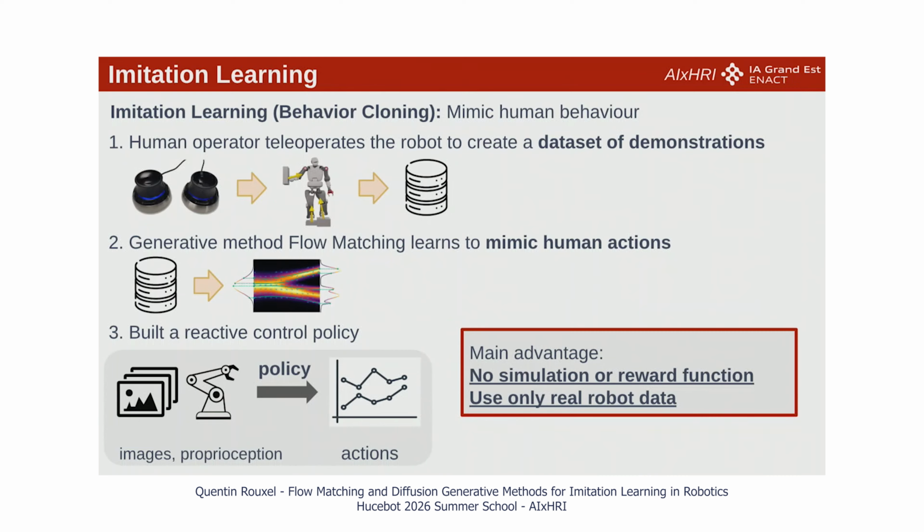Then, from this dataset, we're going to learn with flow matching or imitation learning a model that will mimic the human action. So given the same input, the same state, the model will learn what the human would have done in this situation, such that we can build reactive policies that go from observation, maybe proprioception of the robot, to action.